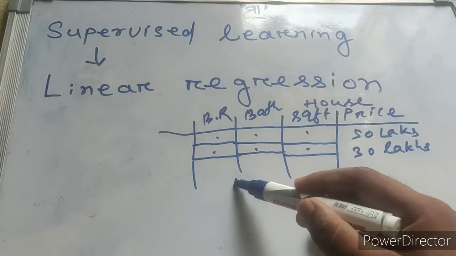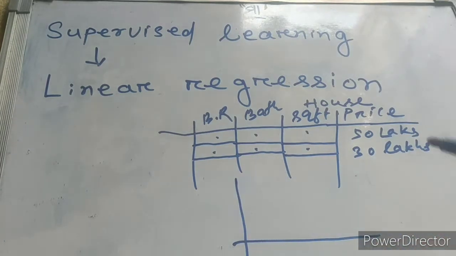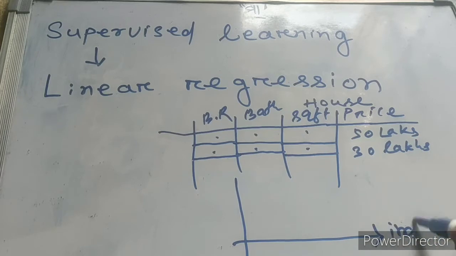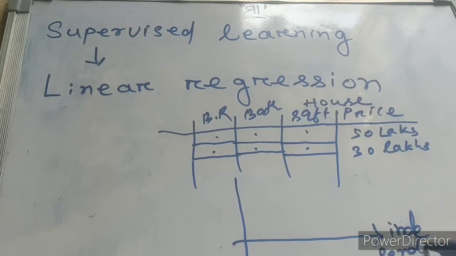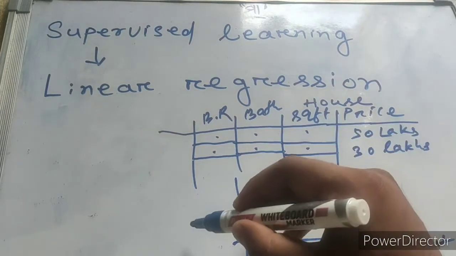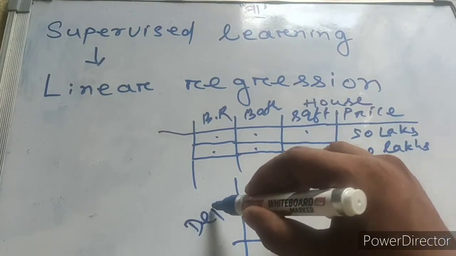So basically, if we plot the graph, on one side we have to keep the independent feature. On the other axis we have to keep the dependent feature.